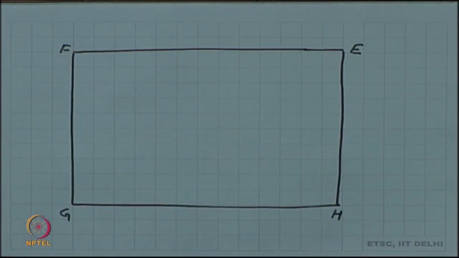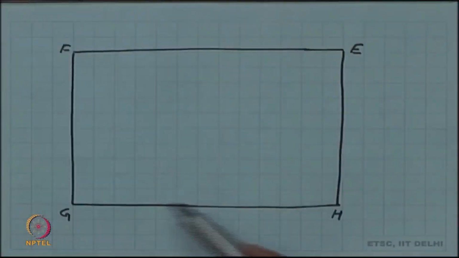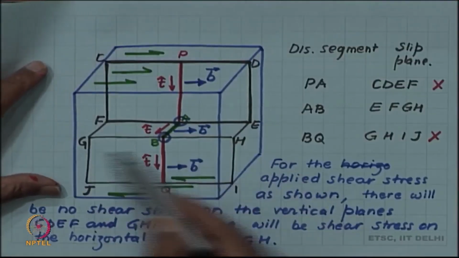So, now I am drawing only this EFGH in an enlarged form, and on this plane the segment AB is lying.